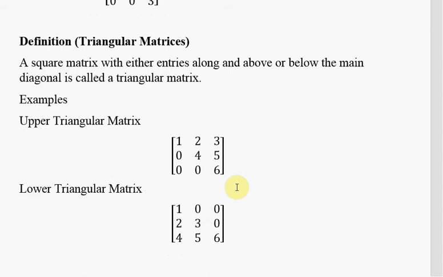Obviously, if I have an upper triangular matrix and take the transpose of it, that gives me a lower triangular matrix, right? And if I have a lower triangular matrix and take its transpose, I get an upper triangular matrix. If I multiply two upper triangular matrices, what would you infer the product would be?